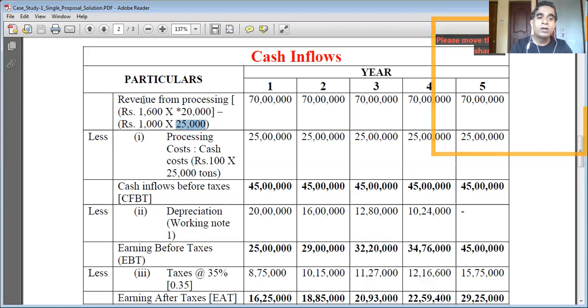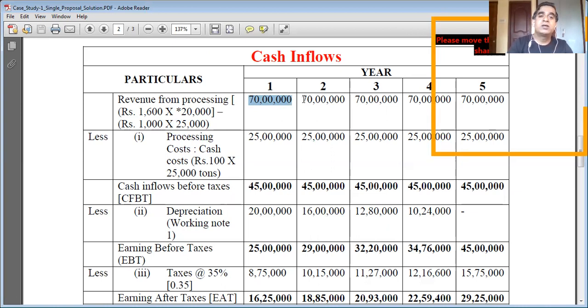So 3 crore 20 lakh rupees minus 2 crore 50 lakh rupees is equal to 70 lakh rupees, which is the incremental cash flow or the actual cash flow which the company will earn if the new equipment is installed.